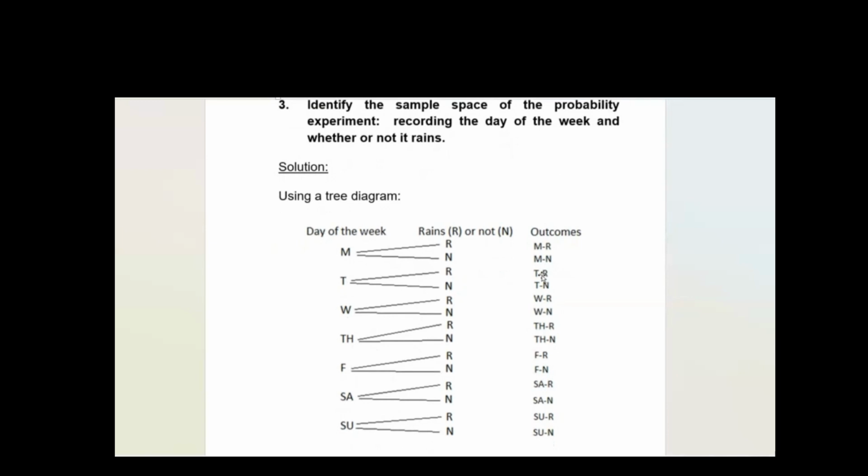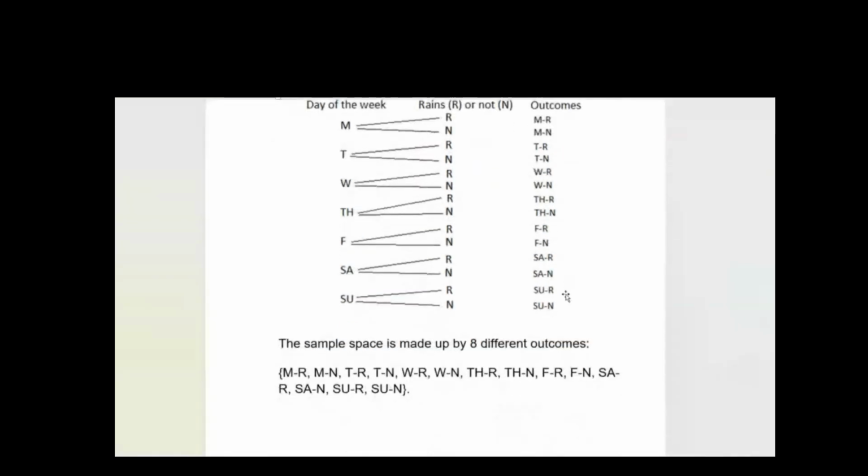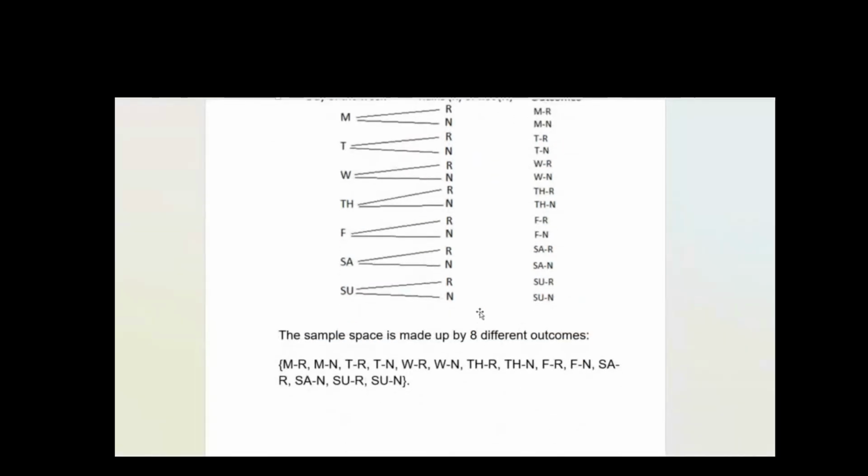So in this case you have 7 days of the week, and then whether it's raining or not, so you will get 14 different outcomes. 1, 2, 3, 4, 5, 6, 7, 8, 9, 10, 11, 12, 13, 14.